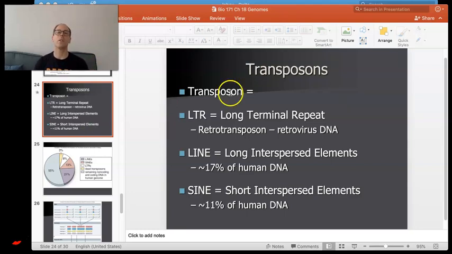There's one called a long terminal repeat transposon that actually came from retroviruses. Through millions of years of evolution, infections by viruses happened, and that DNA got incorporated into your DNA. It doesn't get expressed because the cell basically turned off that DNA, but those DNAs are still there as transposons.